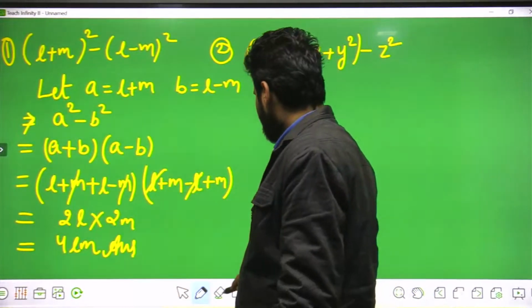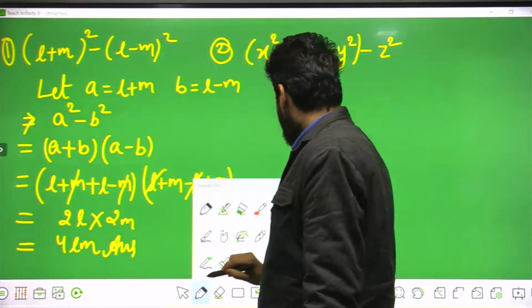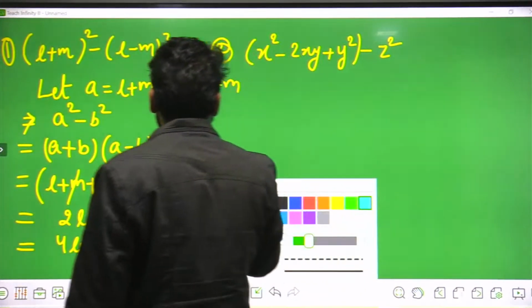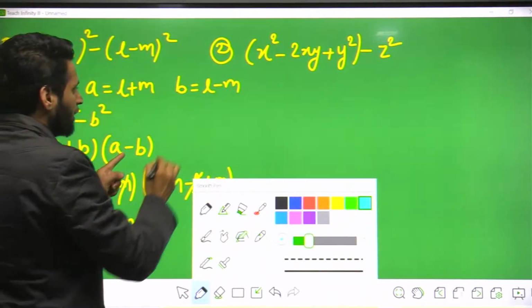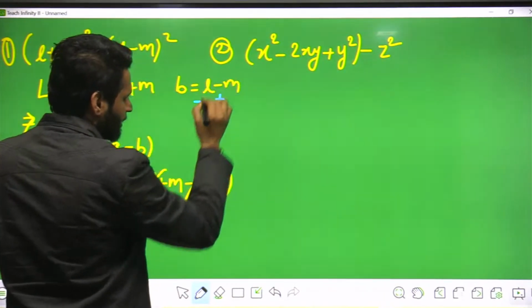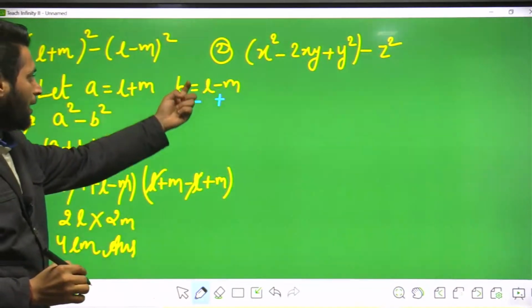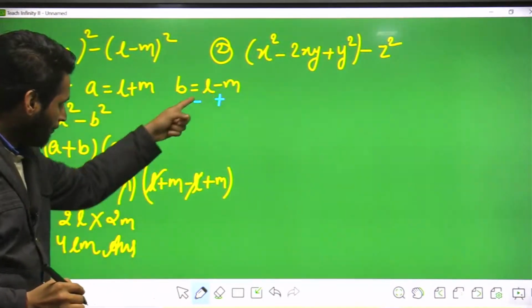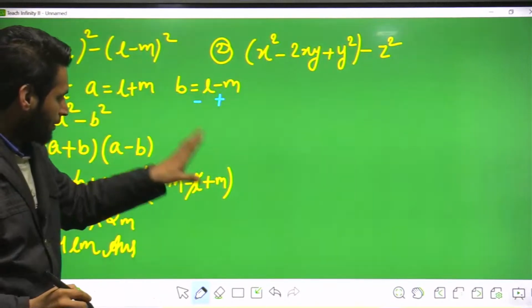The new signs will become minus and plus. That's why we can write L minus and M plus.